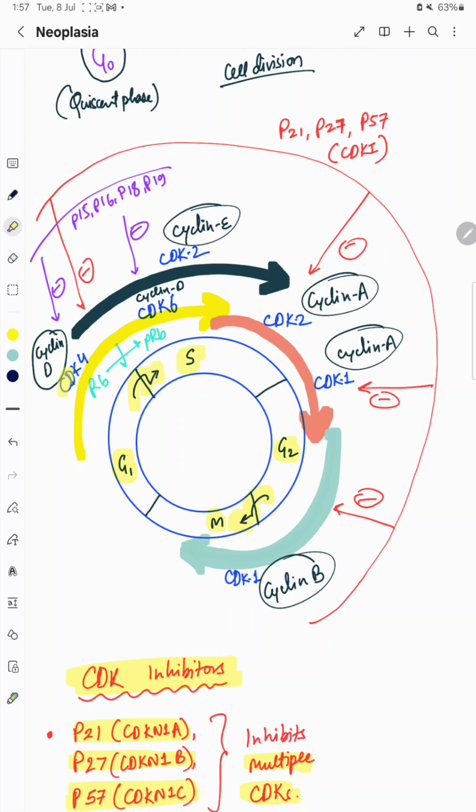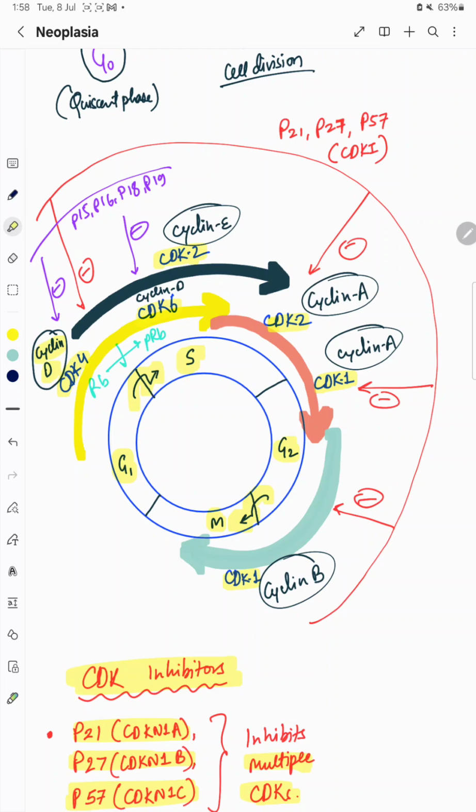Here we can see cyclin dependent kinase 4 and 6 in G1/S phase along with cyclin D. After this, there is cyclin dependent kinase 2, which has an important role in S and G2 phase. After CDK2, there is CDK1 in G2 phase and M phase.